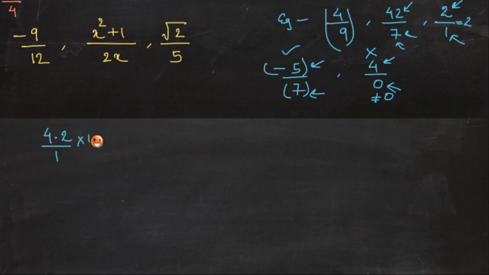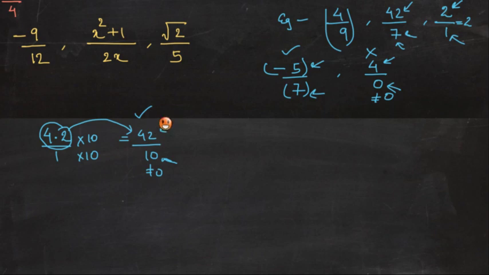I can multiply numerator and denominator by 10. 4.2 times 10 is 42, and in the denominator I would have 1 times 10, that is 10. Now I have converted 4.2 into this form, 42 divided by 10. Numerator integer, denominator integer, and denominator is not equal to 0. Hence, this would be a rational number.